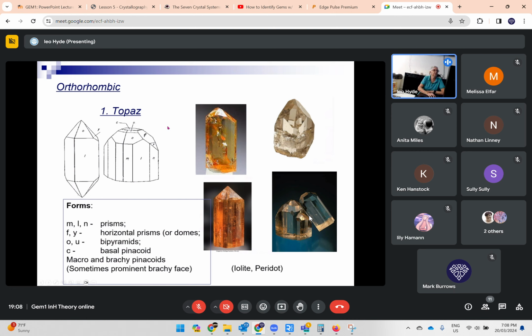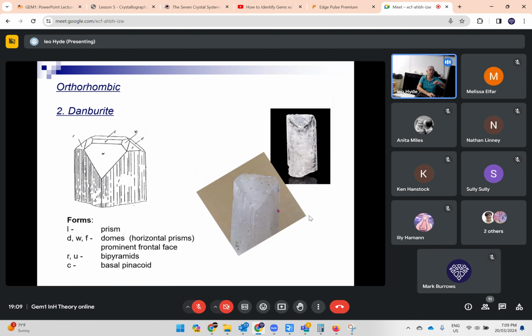But one of the things we do see, remember, front to back is shorter, B is longer. So on this crystal here, we've got it set that way because front to back is short. That's the long side, and there's usually a dominant face. If it's lozenge shape, like this one will be, and we've got the long angle that way, we've got 2 dominant faces sitting sideways there for a topaz, which is different than a Damburite.